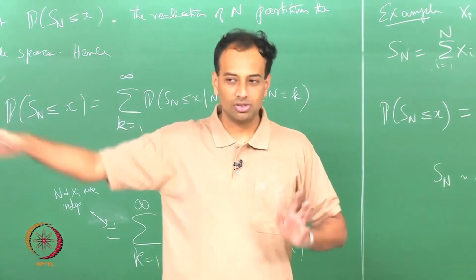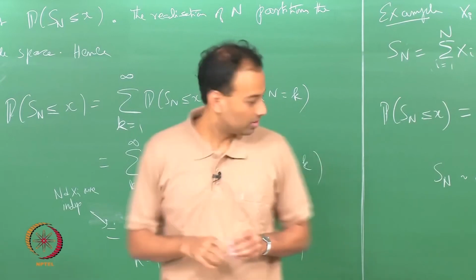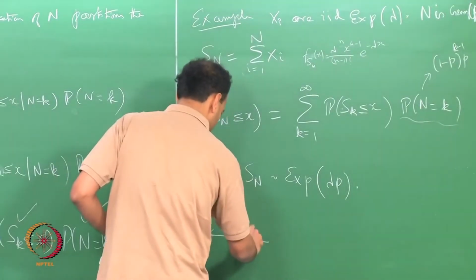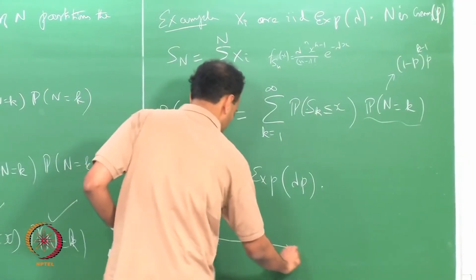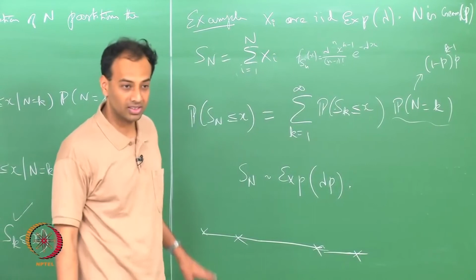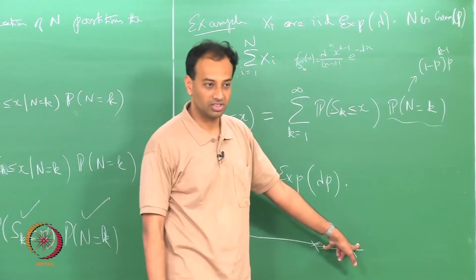If you look in time, let us say that is my first radioactive emission, that is my second, that is my third, that is my fourth and so on. These are radioactive emissions and these are all IID exponentials.